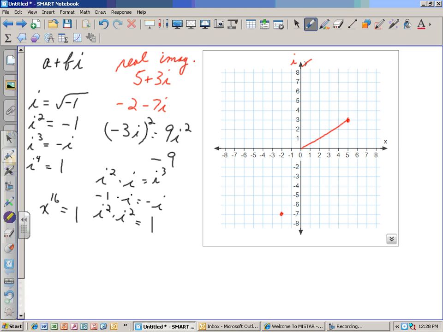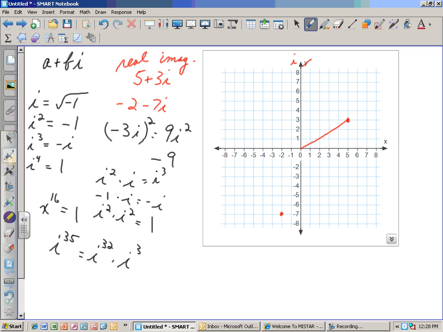If I had i to the 32nd, what would that equal? 1, because 32 is divisible by 4. But what if I had i to the 35th? Well, I can write i to the 35th as i to the 32nd times i to the 3rd, correct?